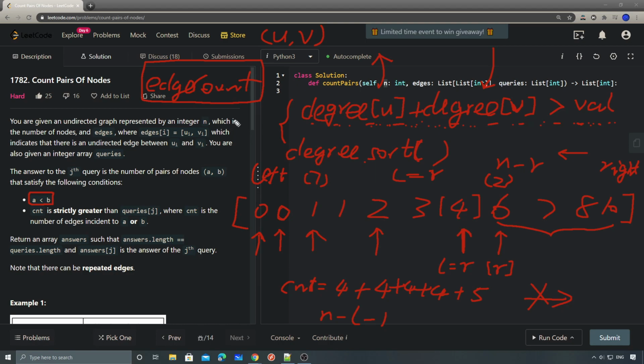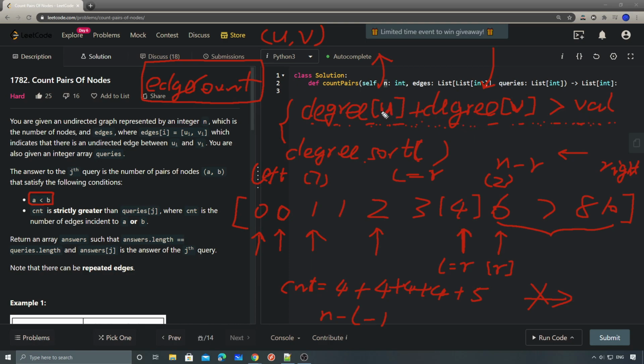And the reason being is that first we only need to care about the pairs in this edge count, because only an edge could affect the pair of two nodes who have a common edge that could potentially affect our final counting, right?